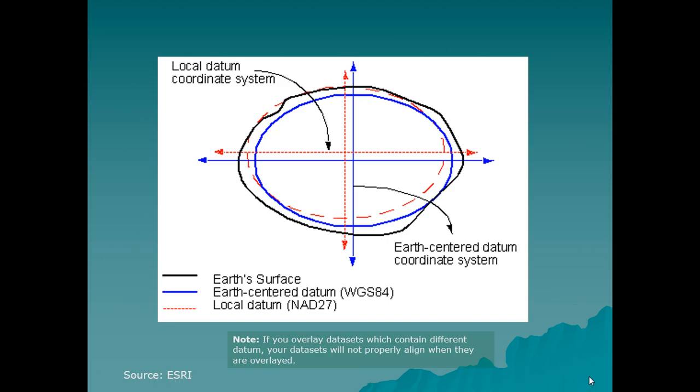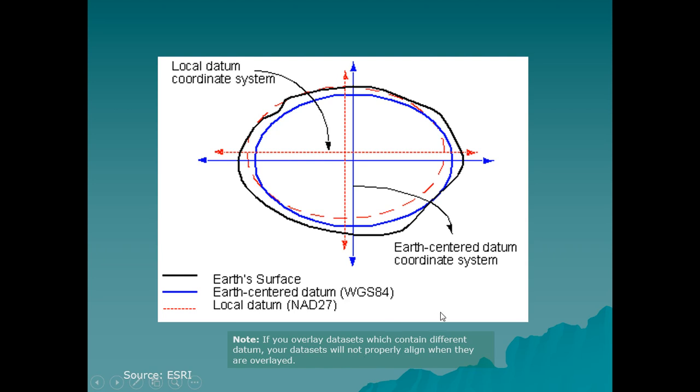So here's a visual of what we're talking about. The black line represents the Earth's surface. The blue line represents that global datum that I just mentioned, WGS 84, that is World Geographic System 84. So that is a global datum. And then the red broken line is a local datum. If you look at it, when you overlay these, you see that there are actually differences in location. They do not line up perfectly.